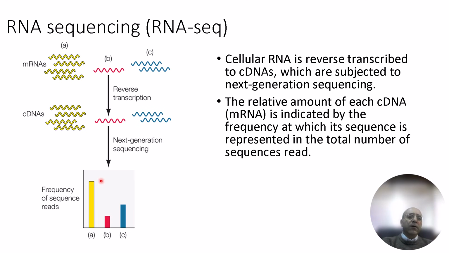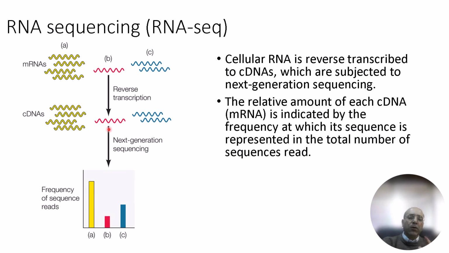And the number of sequencing events that take place for a particular cDNA indicates the amount of cDNA that exists in that sample. So this cDNA molecule, for example, would be sequenced 4 times. This one here would be sequenced just once, and so on.